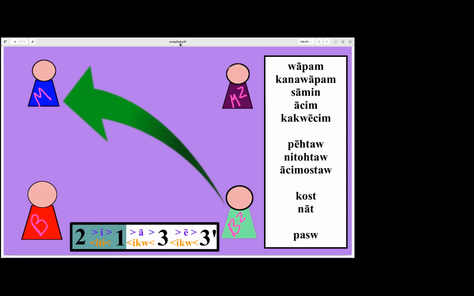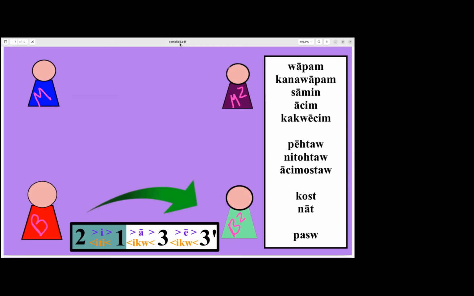Iwapamut. Iwapamit. Oh, Iwapamit. That's three S to one S. Iwapamit. Very closely. Iwapamit. Iwapamit. No, wait. Short A. Iwapamut. Thank you. Yeah. Iwapamisk. Perfect. Your brain's probably tired now.